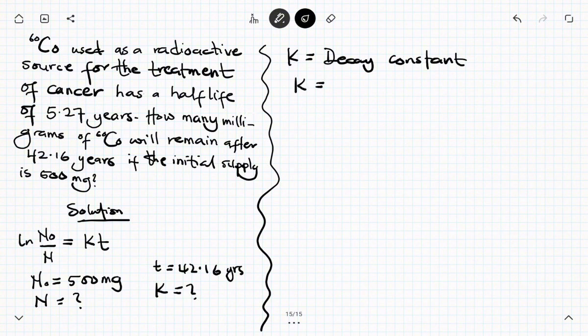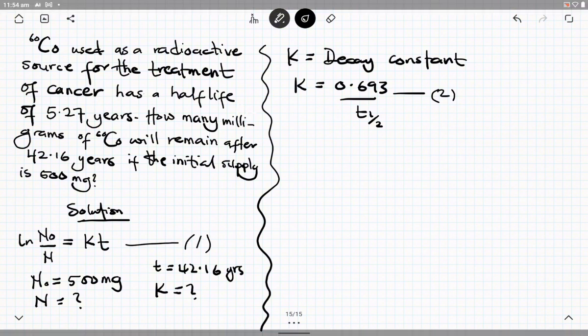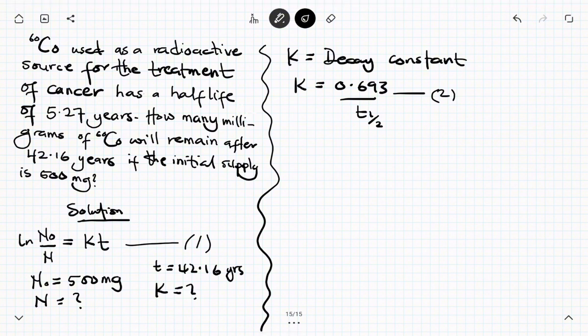K is equal to 0.693 over T half. Let me call this equation 2, and let me call the first one equation 1. So these two equations, you need to have them off head. So from this formula we can find the decay constant K.